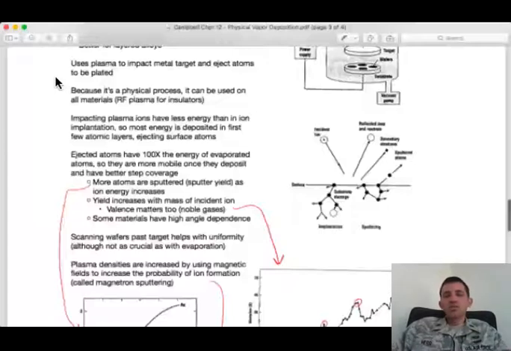Because you can make a target of whatever alloy you want, and then those atoms are going to be ejected in roughly the same proportion that they exist, because you're not relying on vapor pressure. Whether it hits one atom or another is kind of a probabilistic random process, and it's going to happen in roughly the same proportion that they exist in the target.